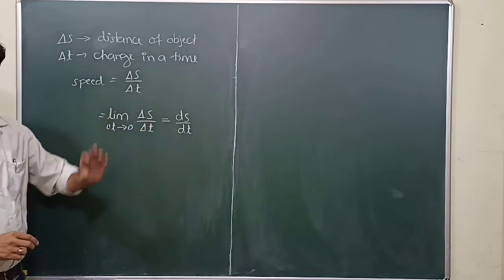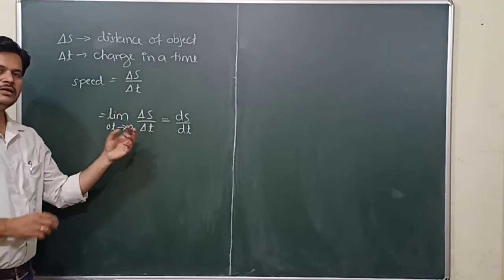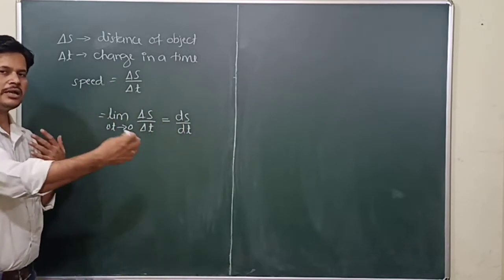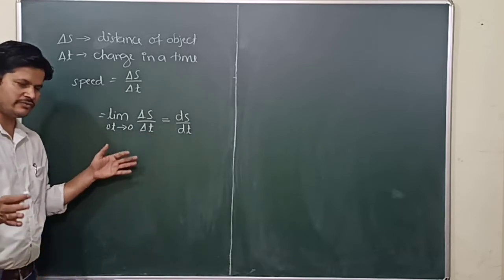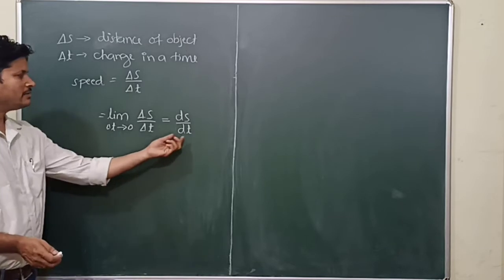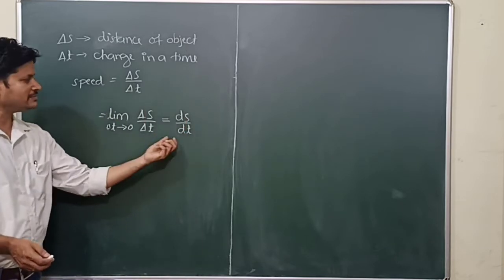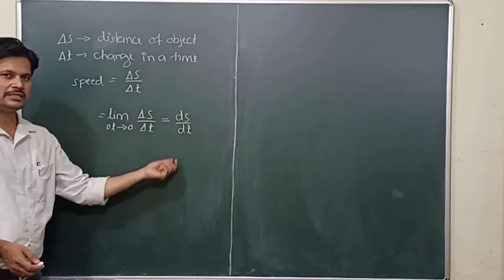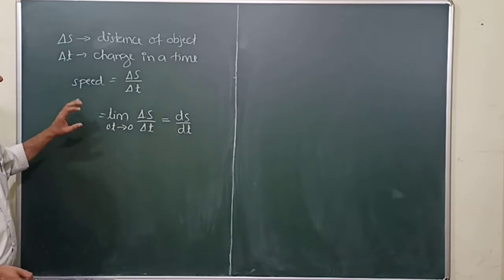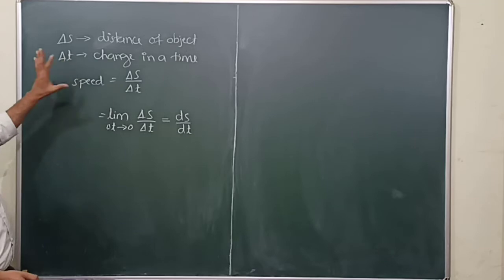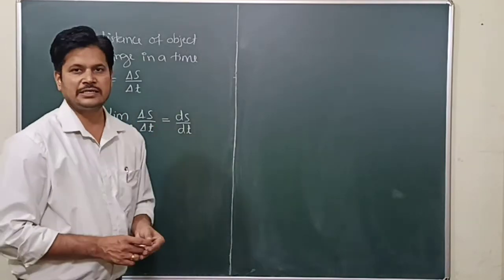This delta t we take only for large changes, right? If the delta t is very small, then it gives ds by dt. This is the instantaneous speed, correct? We will solve a problem for instantaneous speed. We'll consider the next problem.